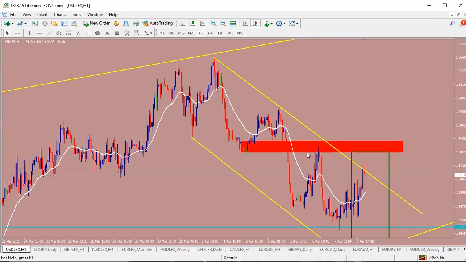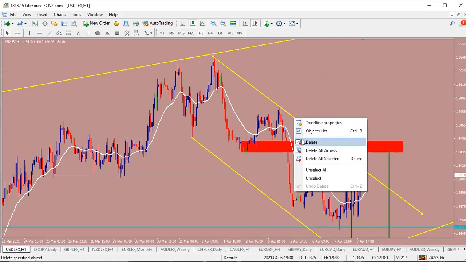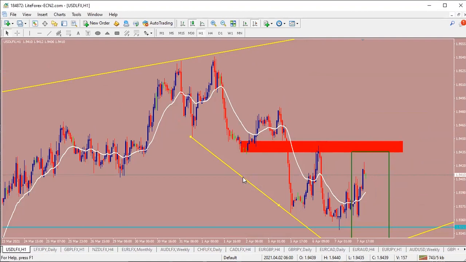This is the USD index, right? Now, one of us, we did an analysis based on this USD index during the weekend, like a weekend analysis.